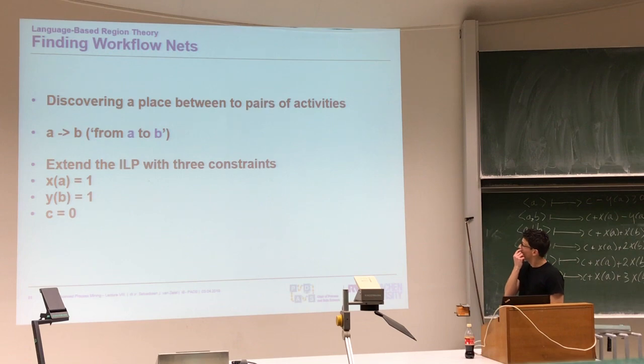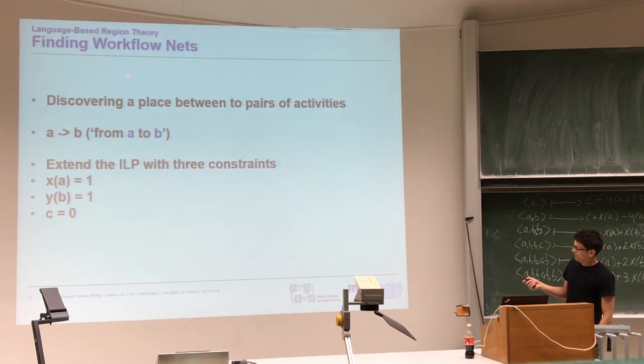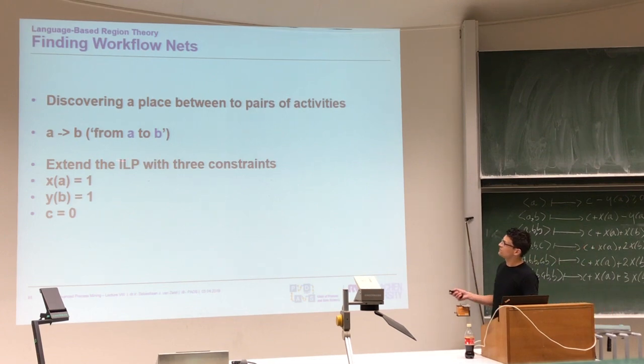Now, in principle, if I want to connect two transitions with the activity labels A and B, so connecting a place that has an incoming arc from A and an outgoing arc to B, I can extend the ILP with these three constraints.